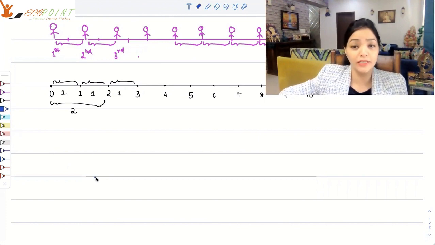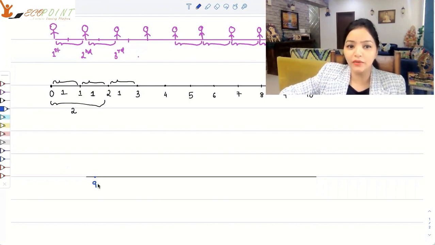I do not need to write all numbers from 0 to 100. I can just have my number line starting from 90, moving till 100.